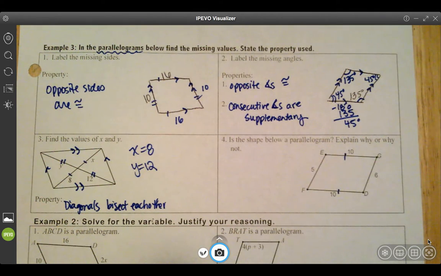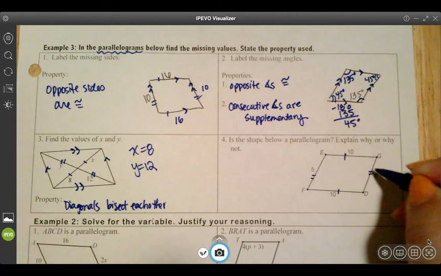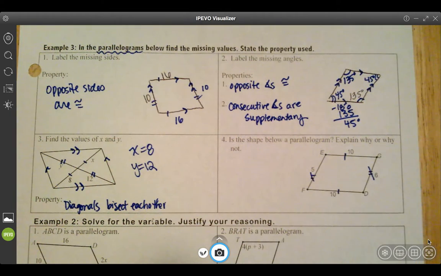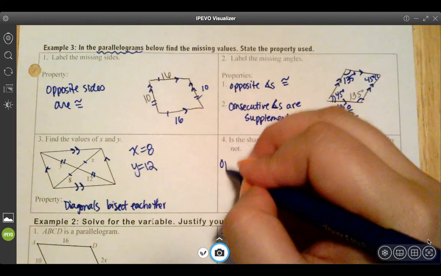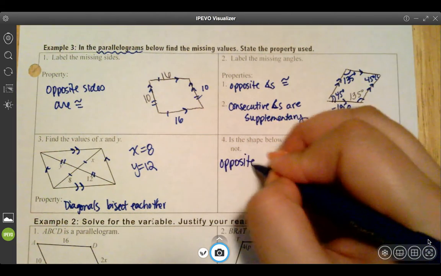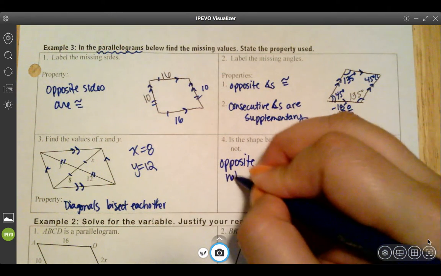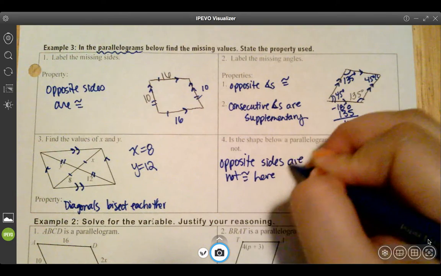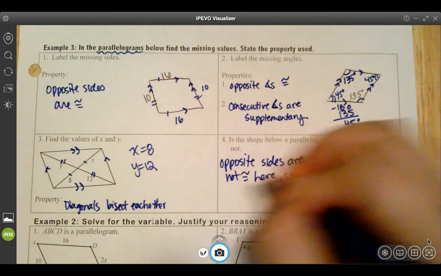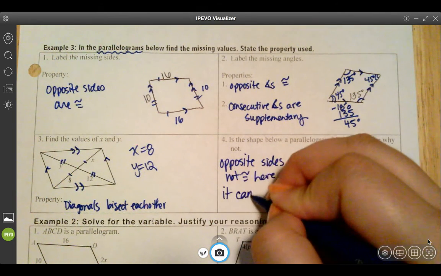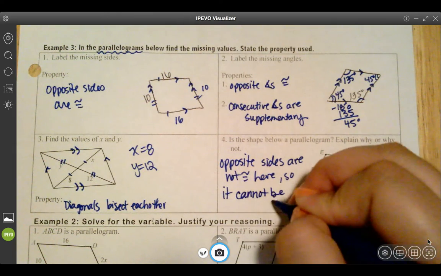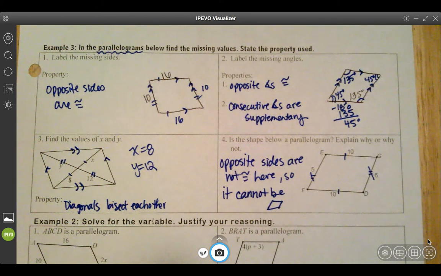That matches our properties of a parallelogram. However, these ones are not congruent, and therefore this cannot be a parallelogram. Opposite sides are not congruent here.